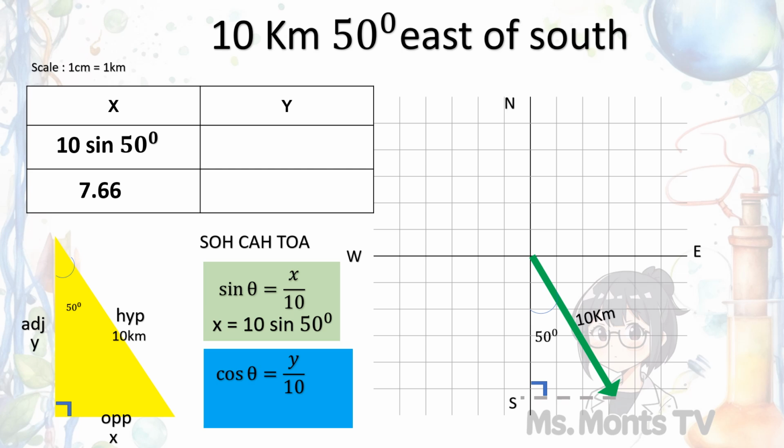So adjacent is cosine, adjacent over hypotenuse. Y equals negative 10 cosine 50. Why negative? Because our y is going to the south, going downwards. So this is how we resolve it. You resolve the vector into its x and y components. Now, in the next slide, I will give the same example, but another method.